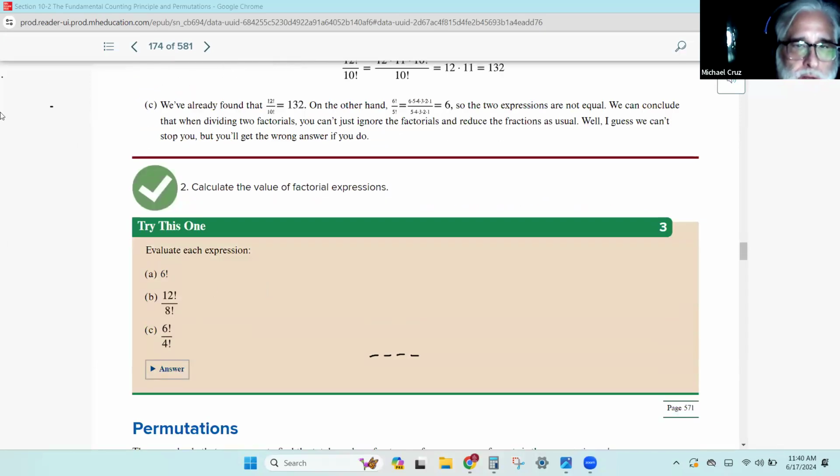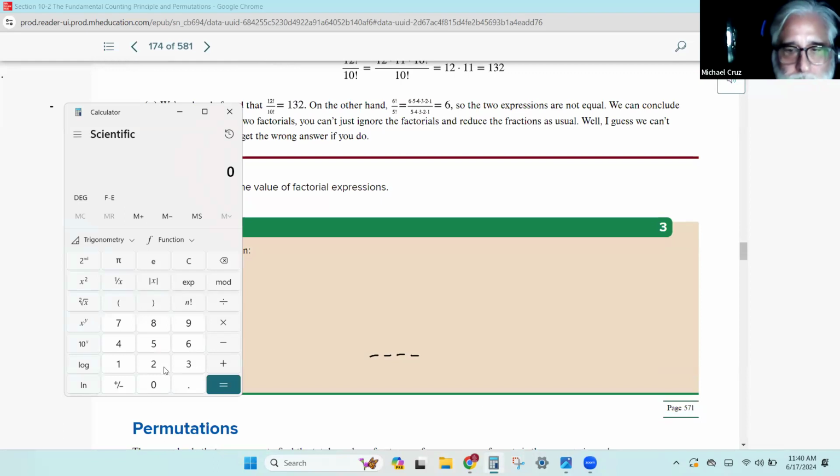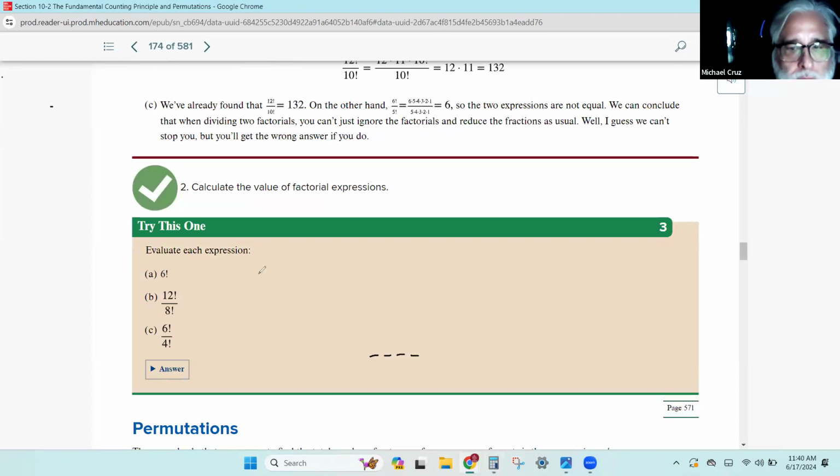For example, 6 factorial is 720. These numbers get big pretty quick.